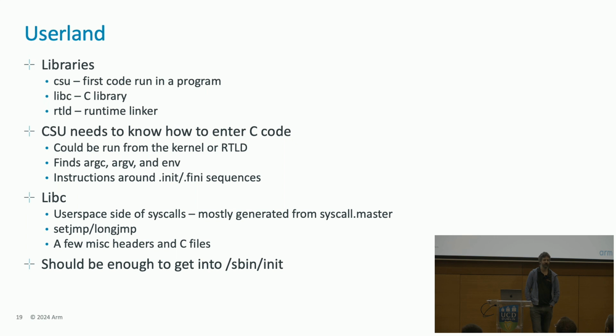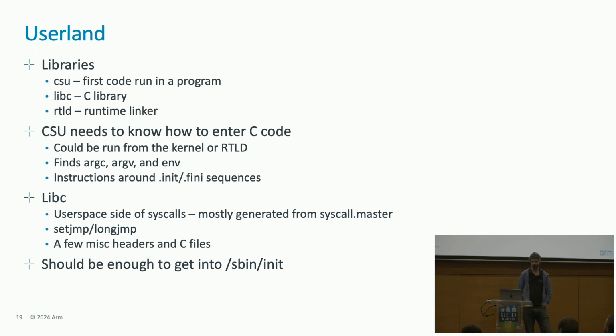And there's a few things like init and fini, which are old ways of doing pre-main and post-exit handling. It tends not to be used nowadays, but you still need them just in case you've got some old toolchain that uses it.